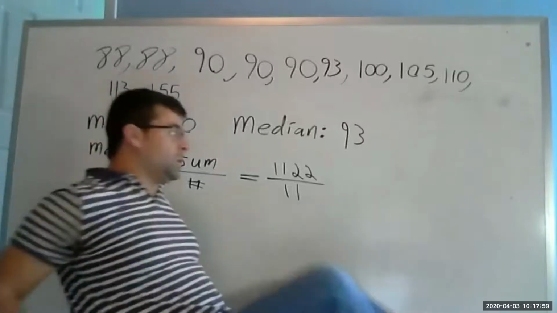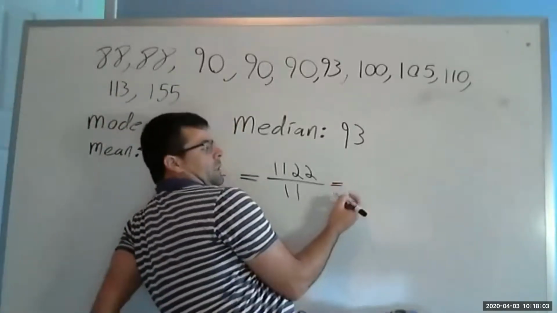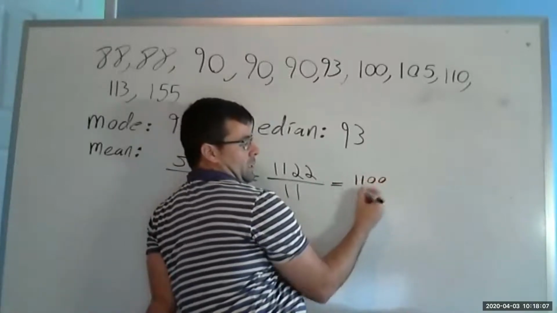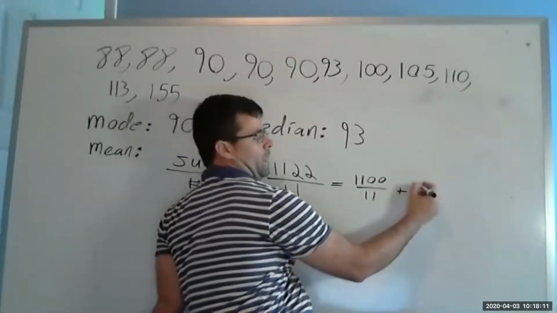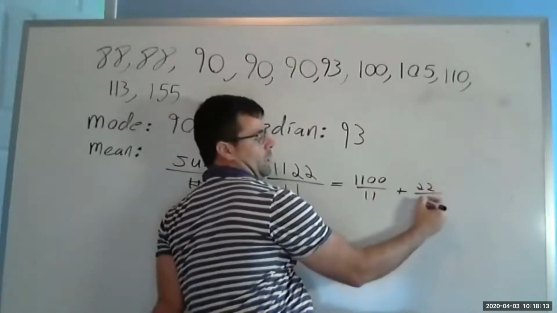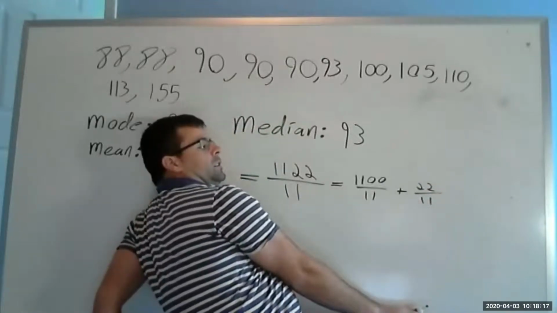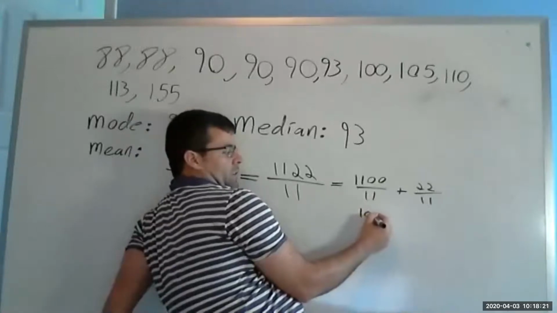So this is actually one you can do kind of in your heads. 102. Yeah. So you can split it up like this. 1100 divided by 11 is 100.